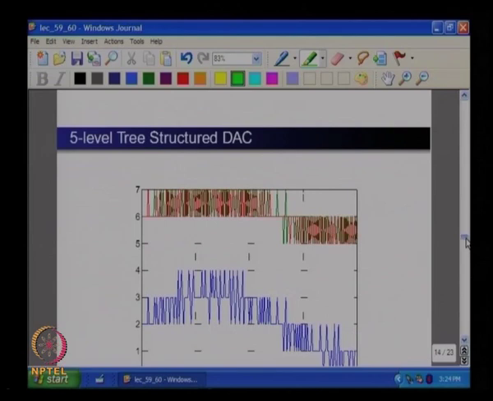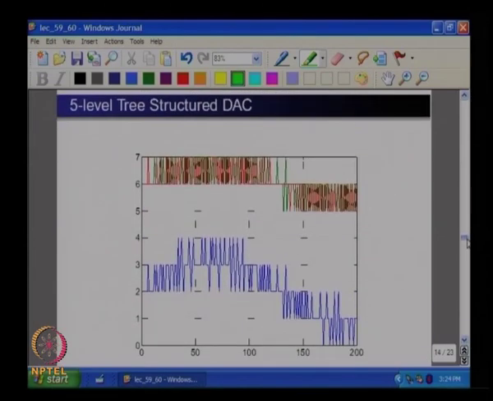So, before I show you the simulation results, this is the spectrum of V, and I have deliberately offset these two sequences V1 and V2, one in orange and one in green.